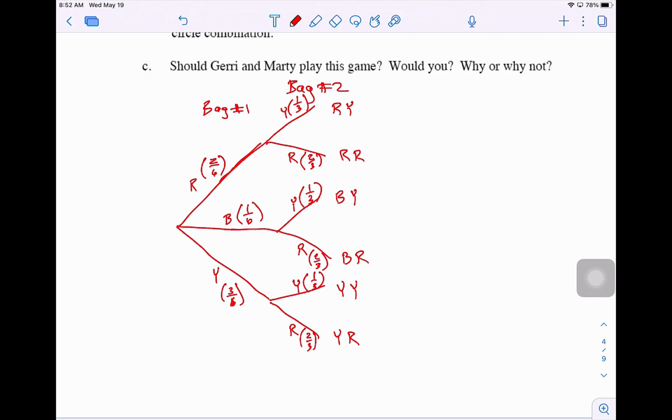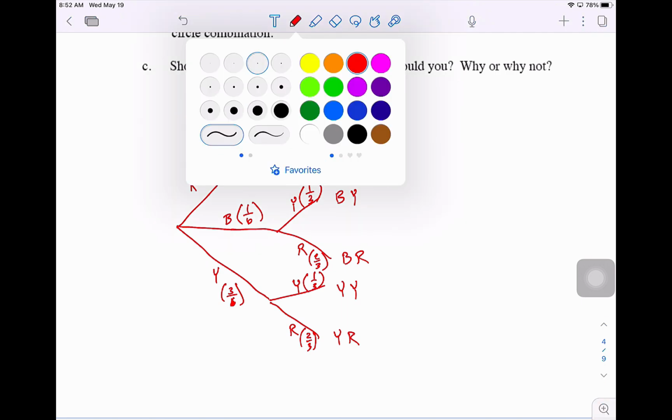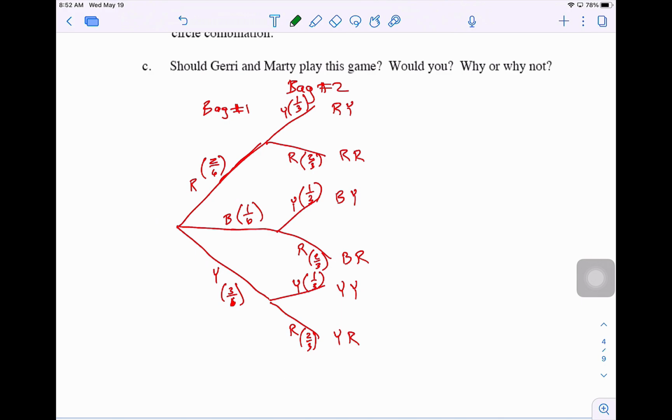And then you find the probabilities of the next step. Remember when you multiply fractions, top times top, bottom times bottom.